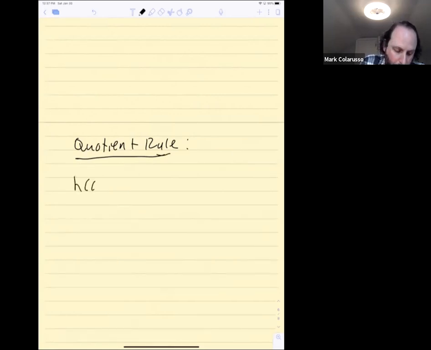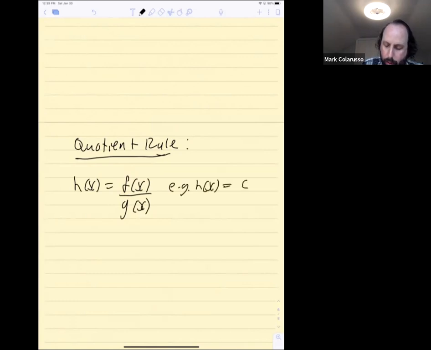Okay, so this is the rule for differentiating a quotient of functions, f of x over g of x. For example, some function like h of x equals x squared plus 1 over x minus 1. Some function like that, where you can't simplify it algebraically. Like x squared plus 1 doesn't factor, so you can't cancel things.